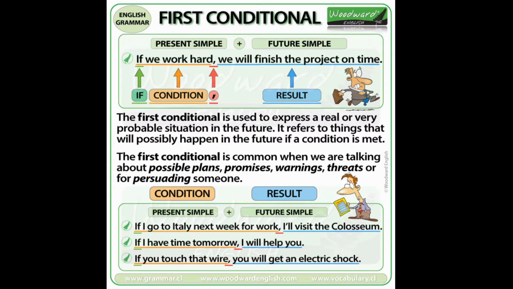The first conditional is common when we are talking about possible plans, promises, warnings, threats, or for persuading someone. So, for some examples, if I go to Italy next week for work, I will visit the Colosseum. If I have time tomorrow, I will help you.